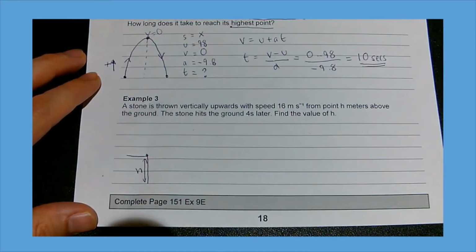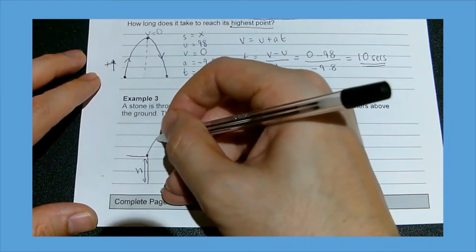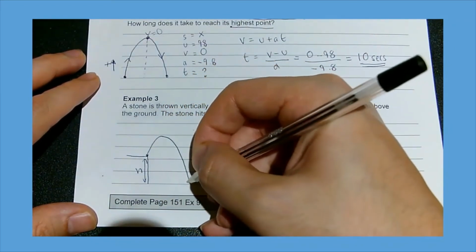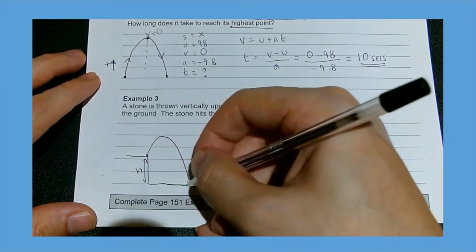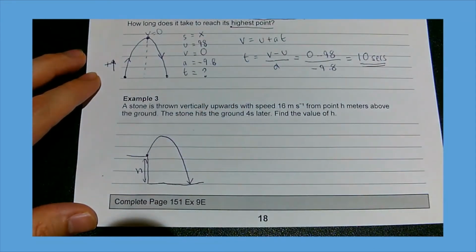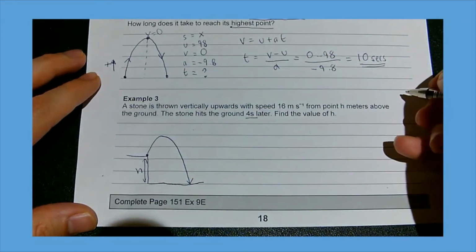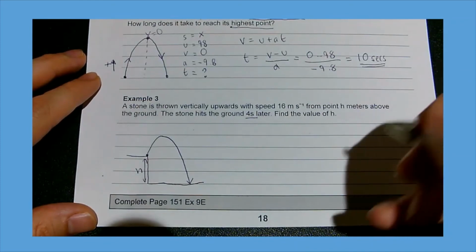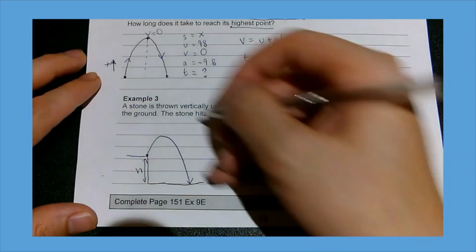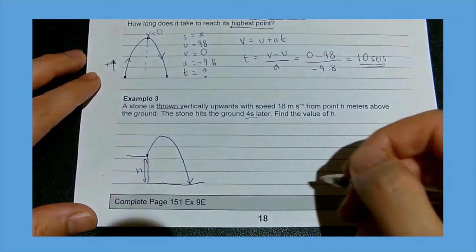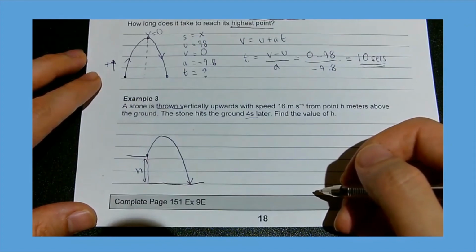Okay, the stone is thrown upwards, and that's its direction of motion. The stone hits the ground 4 seconds later. We need to find the value of h. So this is different now. If it's been thrown vertically, we've got to take that into consideration.